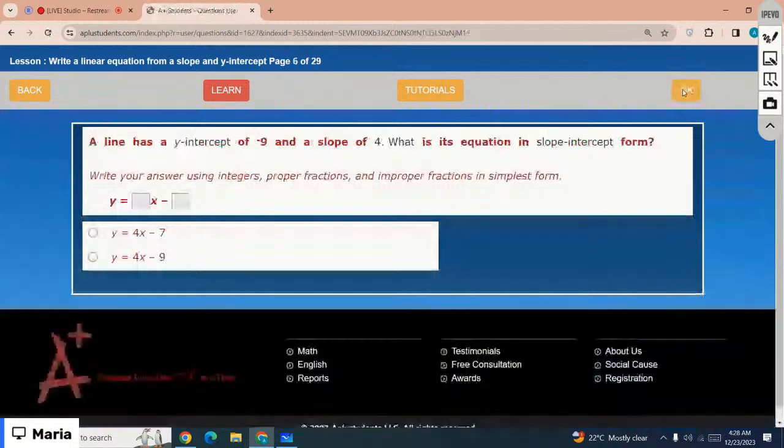A line has a y-intercept of -9 and a slope of 4. What is its equation in slope-intercept form? So which is the correct option?